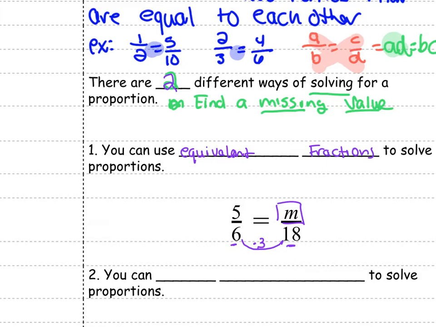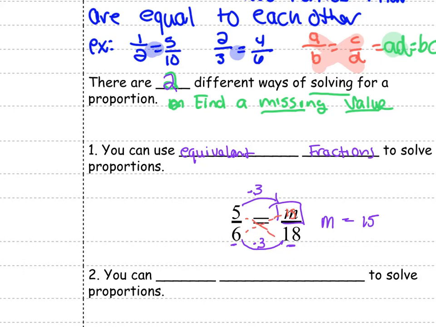I have to multiply it times 3, so I need to do the same thing up here. Notice how I'm showing my work. I really want you to do that. So 5 times 3 is 15, so M equals 5 times 3, which is 15. And we can check it by putting a 15 in here and then doing our cross multiplication like we did to check to see if these two values are equal.